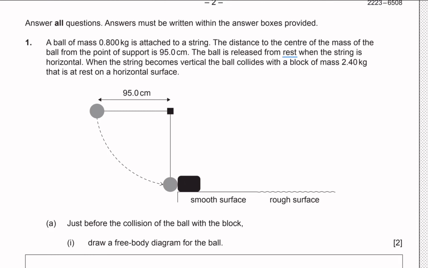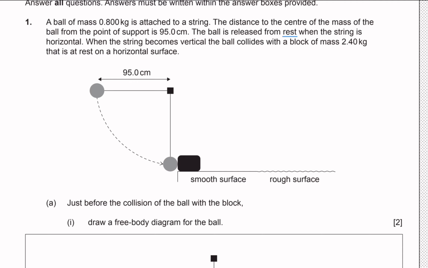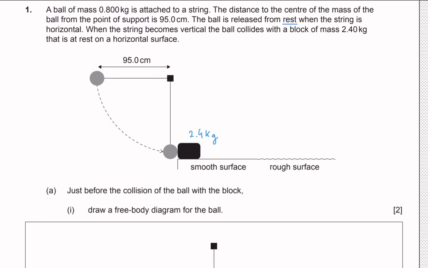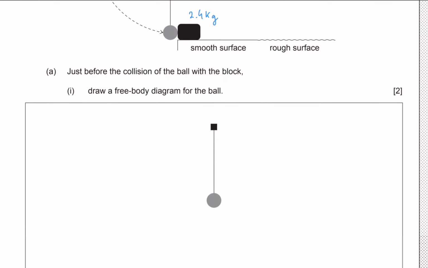When the string becomes vertical, the ball collides with a block of mass 2.4 kilograms that is at rest on a horizontal surface. Alright, so just before the collision, we need to draw the free body diagram of the ball.